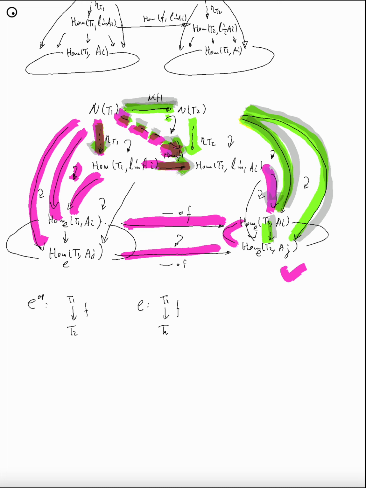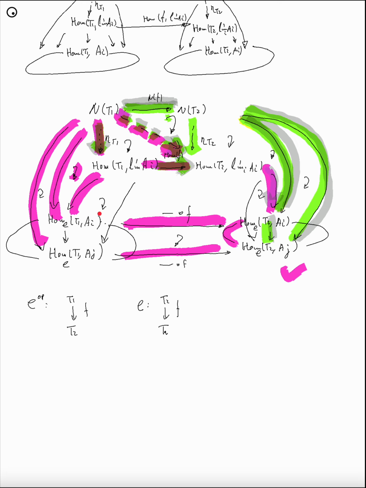And the way we do that is we look at here. This is the same as x2, the commutativity of this. This is the same as this, this, this, this. And then that should be commutative. Let me repeat.